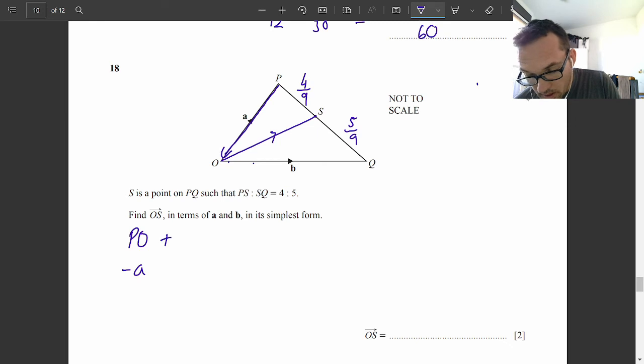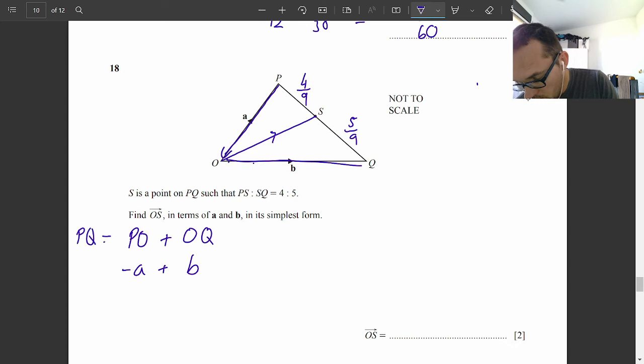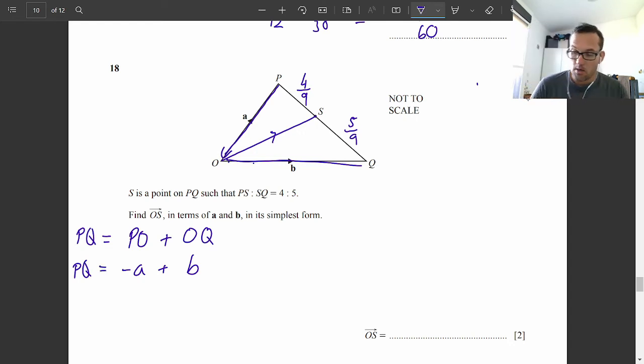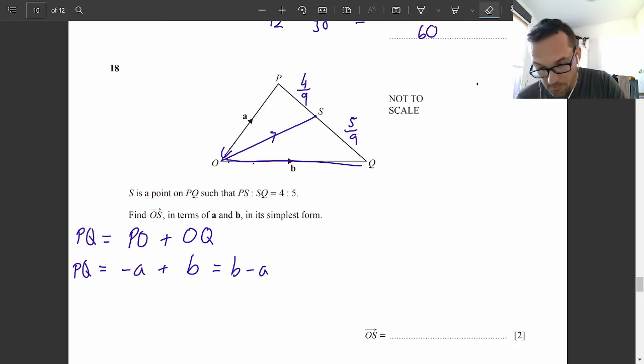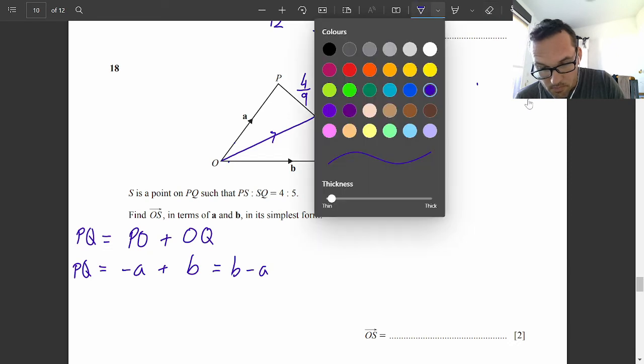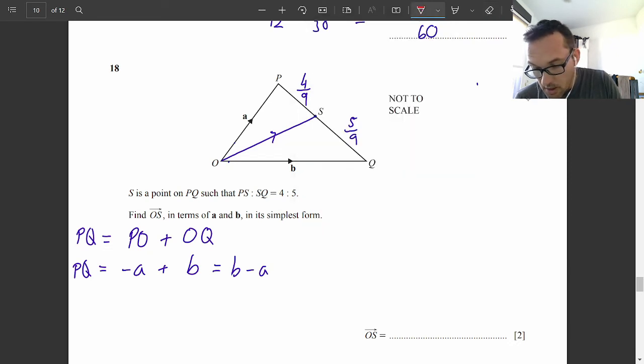To PO, then we add OQ, which is simply b. Okay, so that means that PQ equals PO plus OQ, or rather PQ equals negative a plus b, or if we like to write it more prettily, b minus a, same thing. Okay, just note here that I've written down the route in terms of the capital letters. You can get a mark for this, so it's important to write this down to show that you know which route to follow.